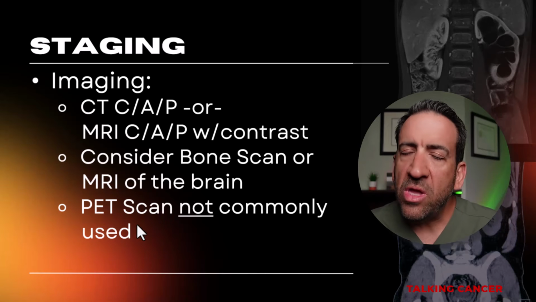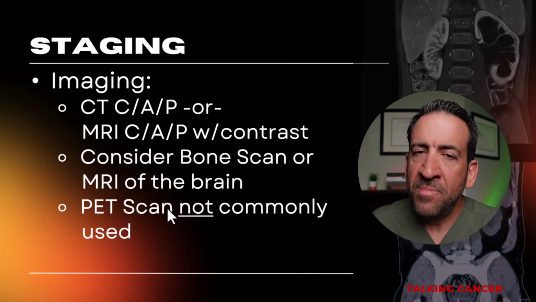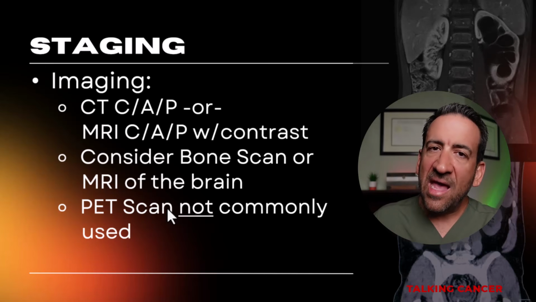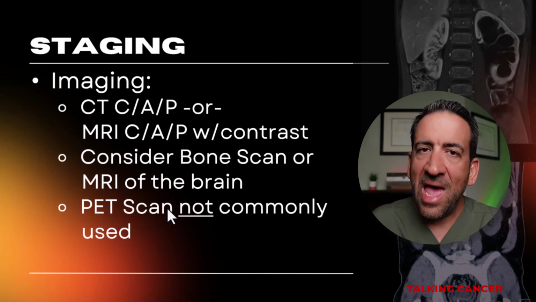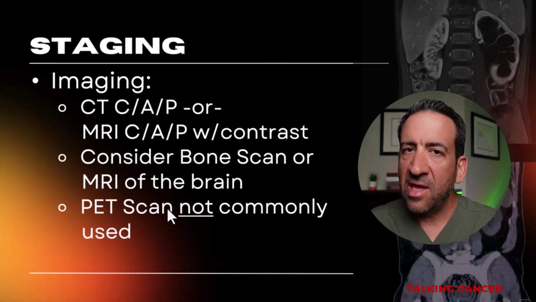The other tests that we commonly use in cancer, in oncology, are PET scans. So a PET scan is a test that uses glucose and a fluorescent molecule. So cancer likes to eat glucose, and if it does, it's bound to this fluorescent molecule and it'll light up, and a PET scan will detect cancer cells.